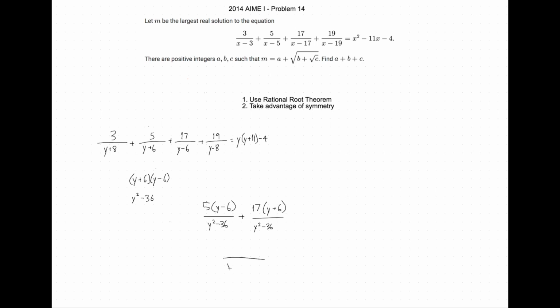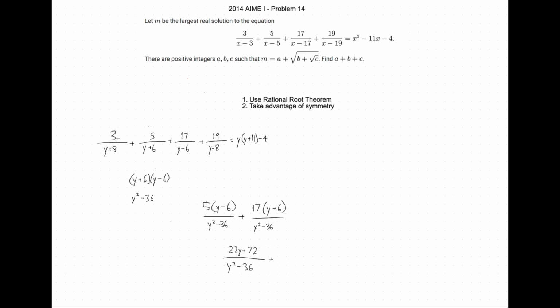And then with this combined, we get y squared minus 36 with a 22y plus 72 up top.